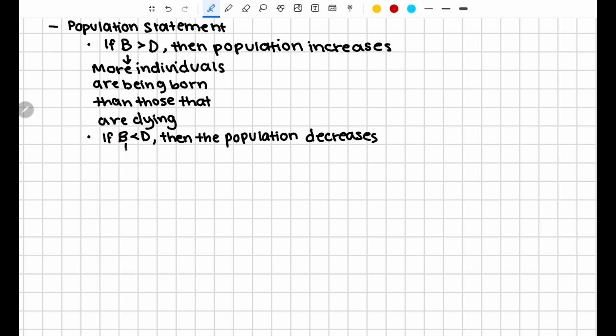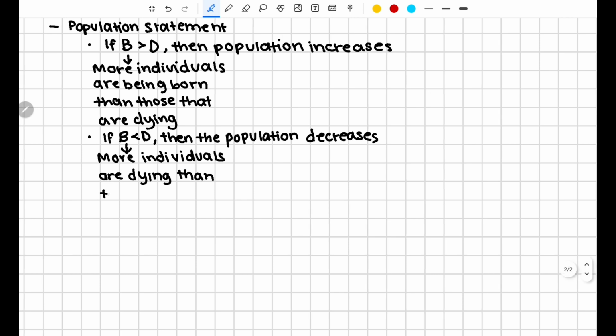And if we were to expand on this more, this means that more individuals are dying than those who are being born.